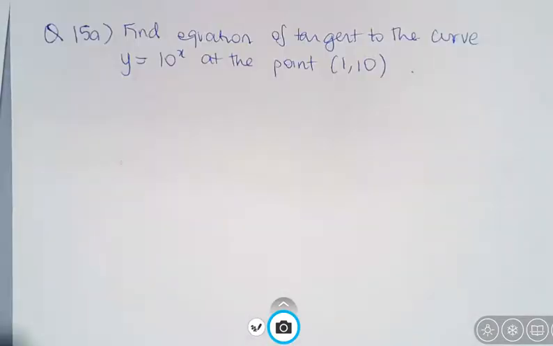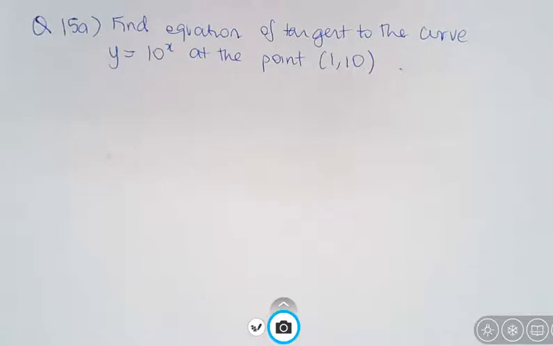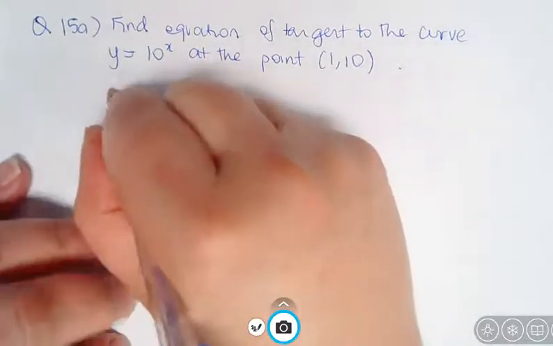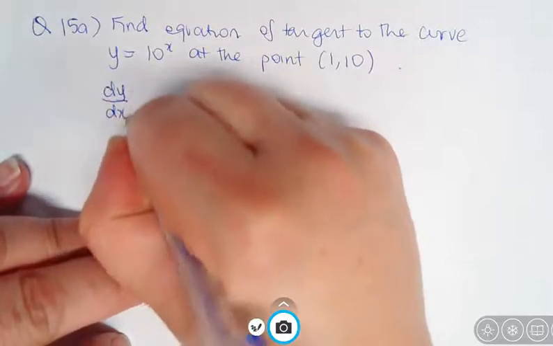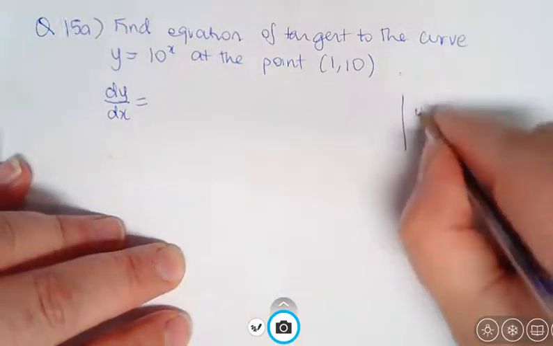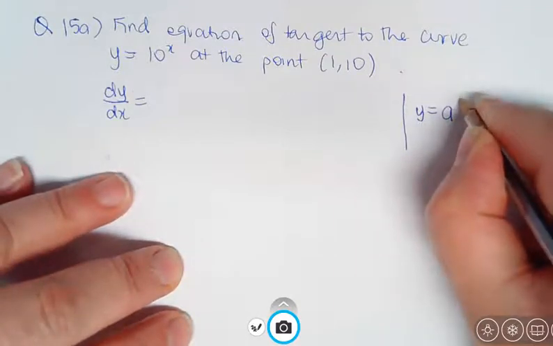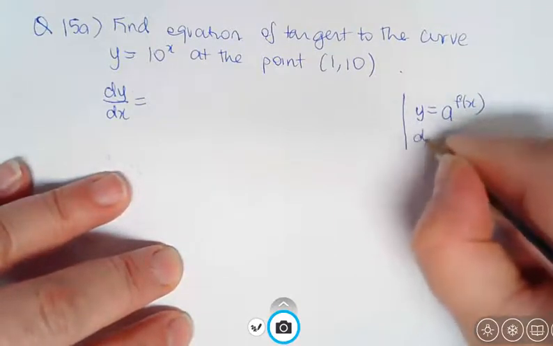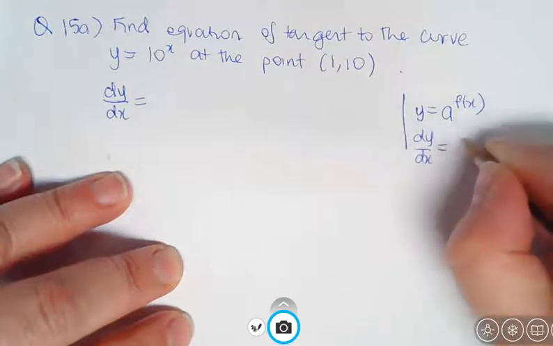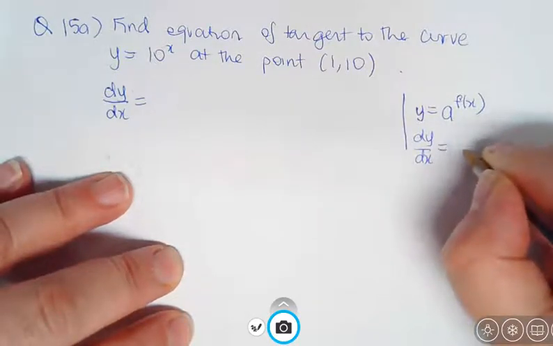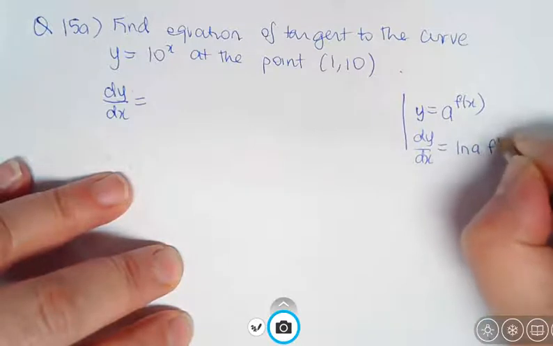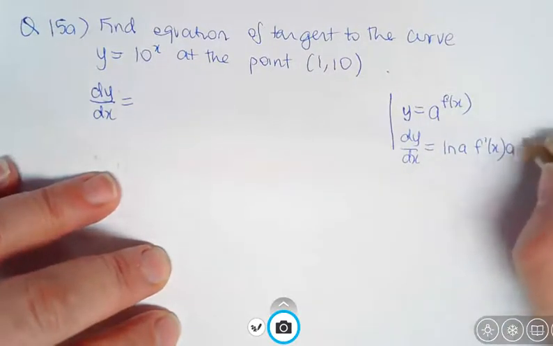The equation of the tangent to the curve y equals 10 to the power of x at the point 1, 10. Okay. Now remembering equation of tangent, first you have to differentiate. So dy dx is, now remember, if y equals a to the function of x, then this is on your formula sheet, dy dx is ln a times f dashed x times a to the function of x.